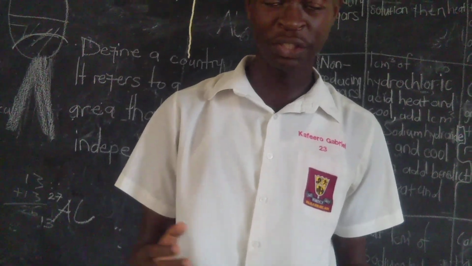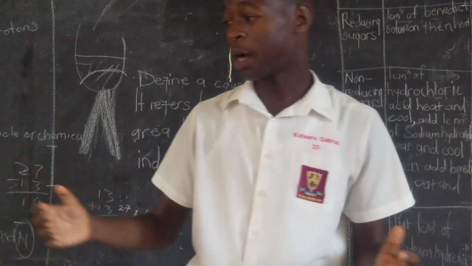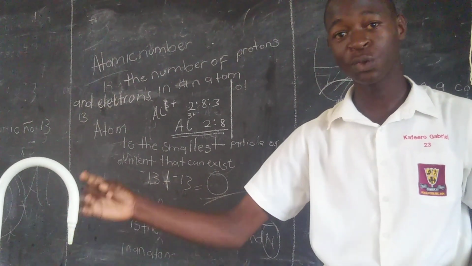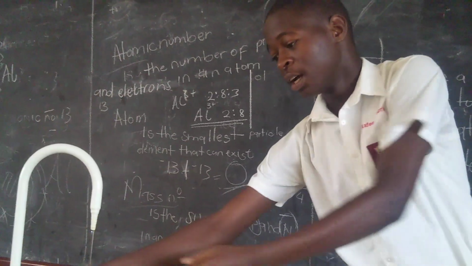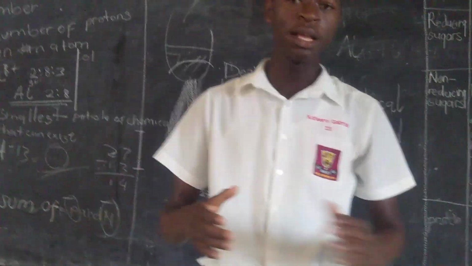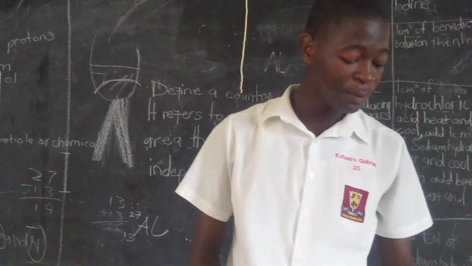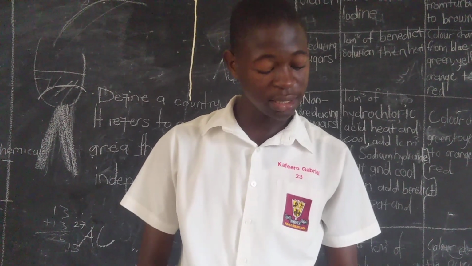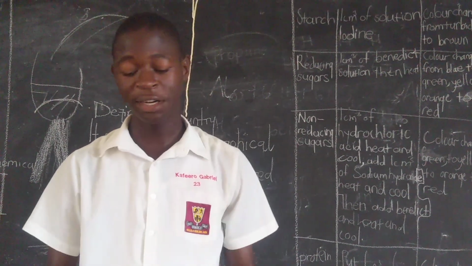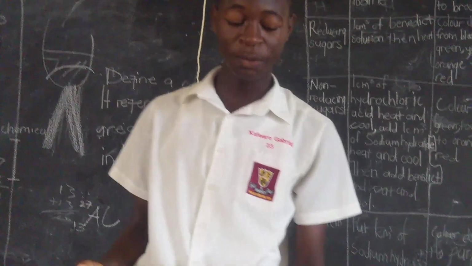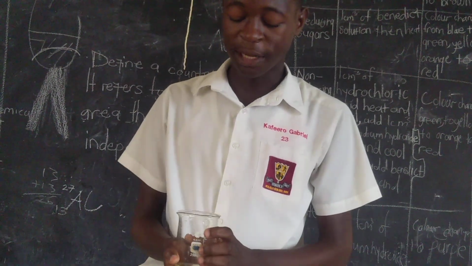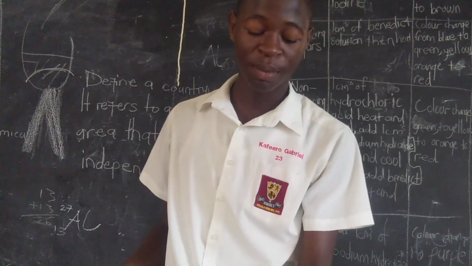Where is our source of water? On my right I have a laboratory tap, which I'm going to use as my source of water. The last thing we need is a beaker. This will be the beaker that we are going to use to carry out this experiment.